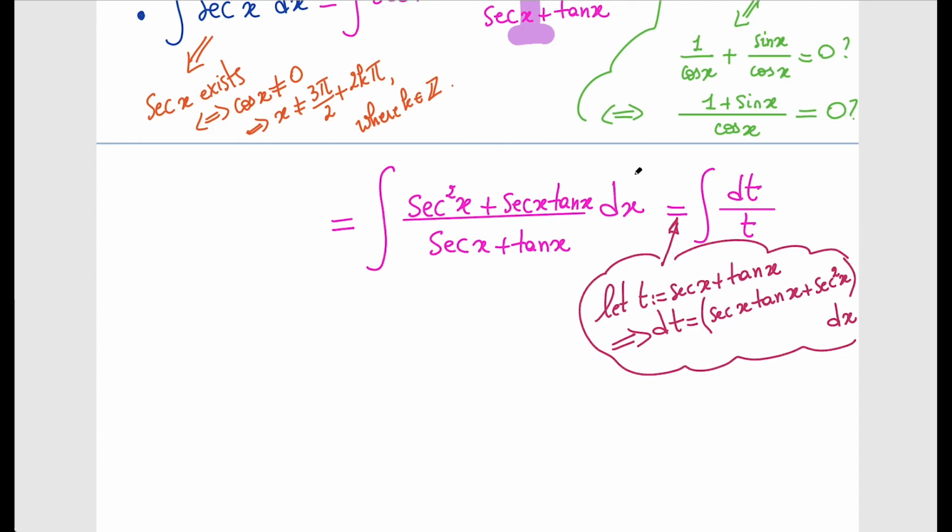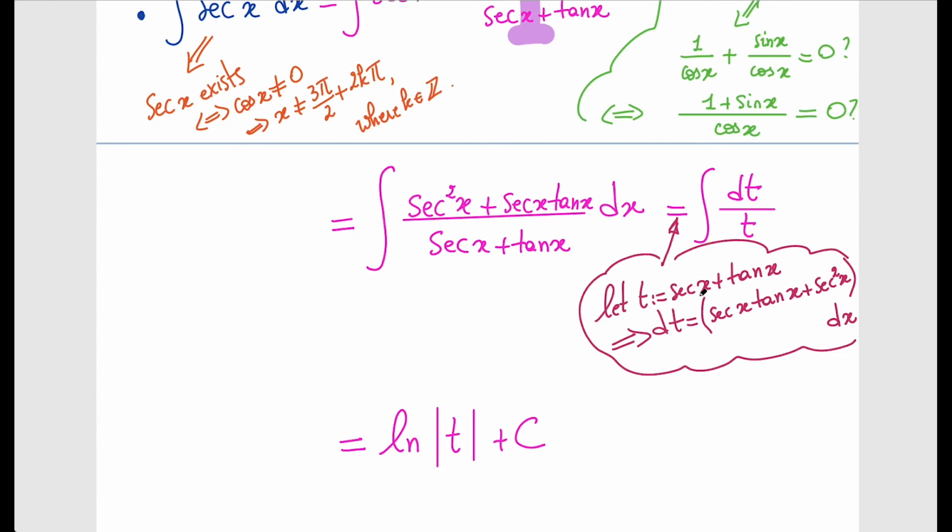So what you see over here is simply dt. Excellent. So this is then equal to, what's the primitive of dt over t? So this is ln of the absolute value of t, plus a constant of integration.